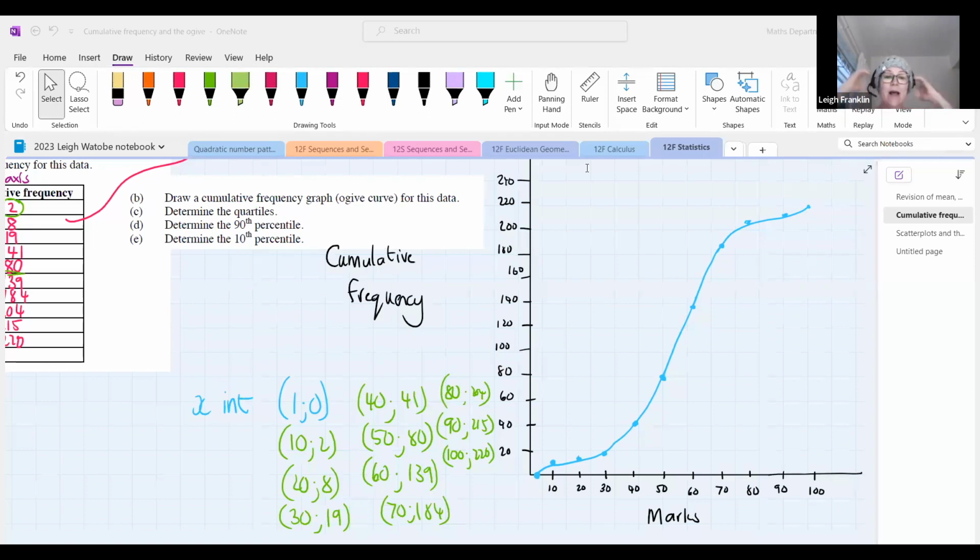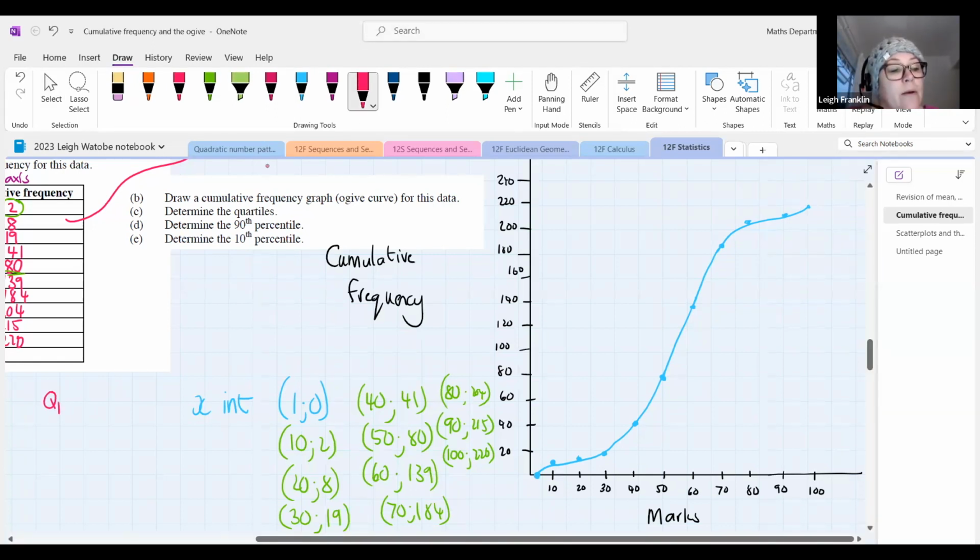Okay. So now let's talk about the quartiles. There is no need for us to learn formulae on how to calculate where the quartiles are. Your lower quartile, Q1, will always be at 1/4 of whatever your cumulative frequency is. So that would be 220.